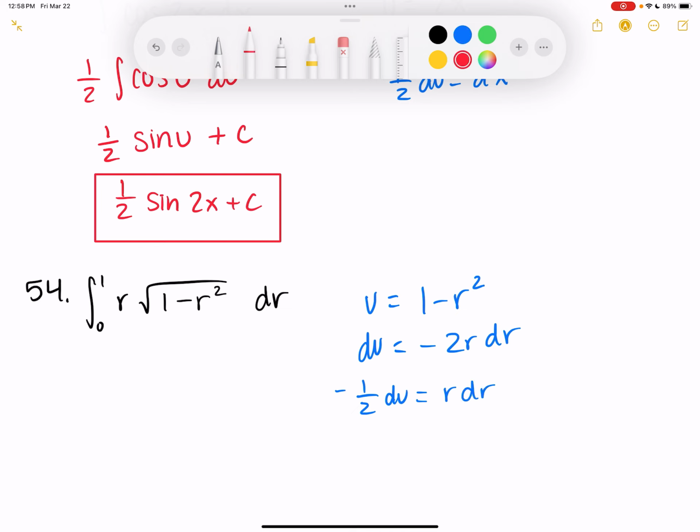So this negative 1/2 is going out front. Then I've got the integral from 0 to 1 of the square root of u, which I'm going to write as u to the 1/2, just because, again, it makes it easier. du. So then what does that give me?